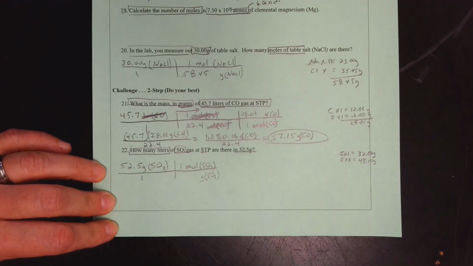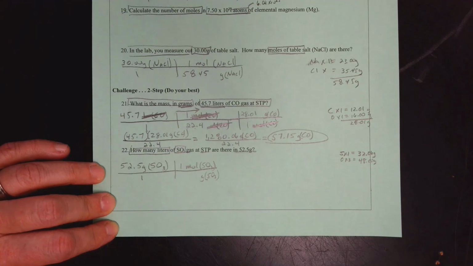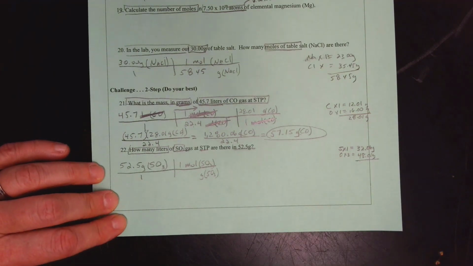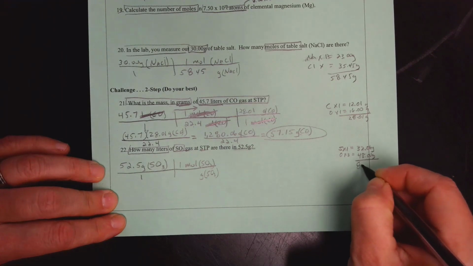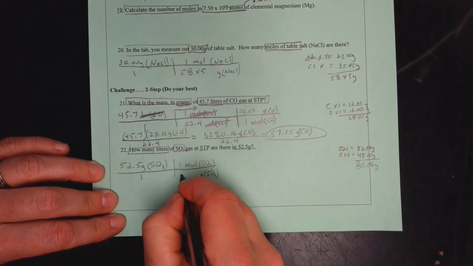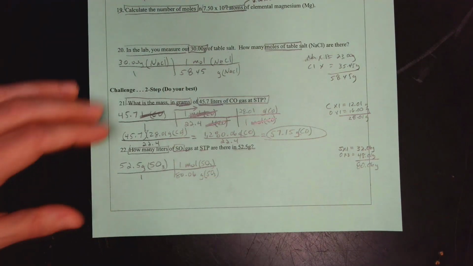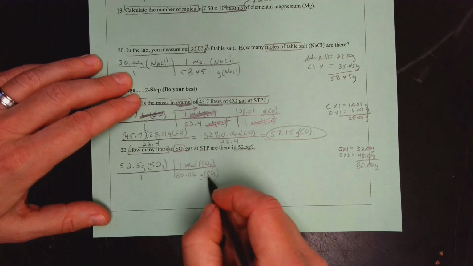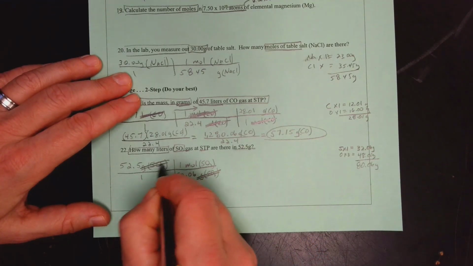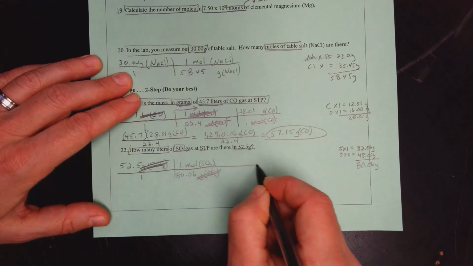Let me just double check my work on that. Yep. And if I add those together, the mass of SO3 is going to be 80.06 grams, and that is what I'm going to put down here. So 80.06 grams. Now the good news, there it is again, is that I can go ahead and eliminate these units right now, which is awesome.